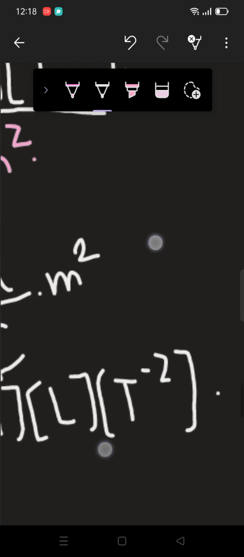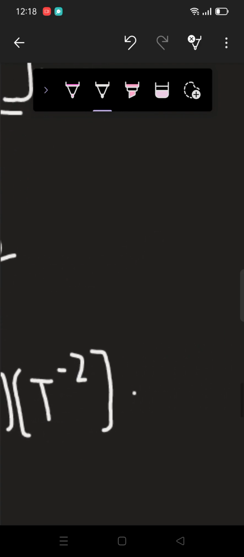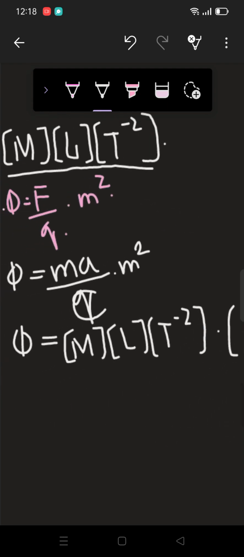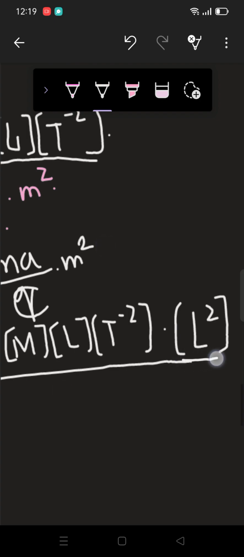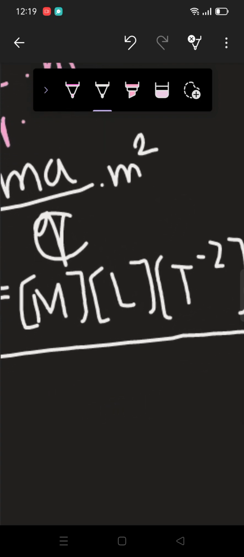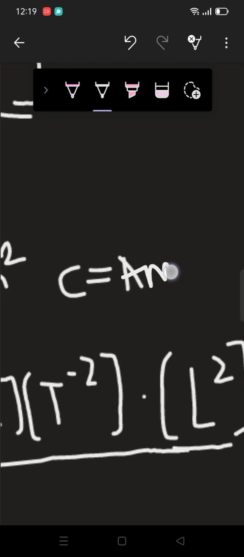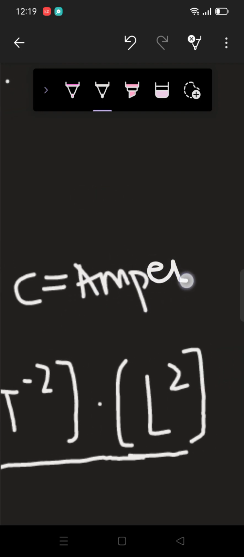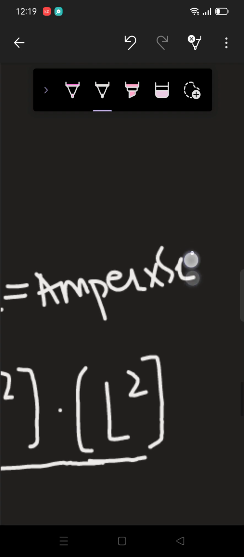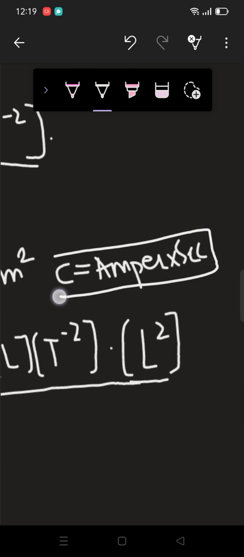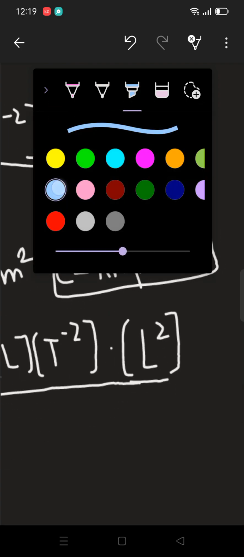Into, now see, meter square means L square, so L square upon coulomb, and we know that coulomb is equal to ampere into second. Coulomb is equal to ampere into second. Wait, let me highlight that as well.